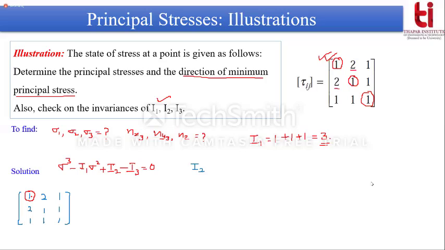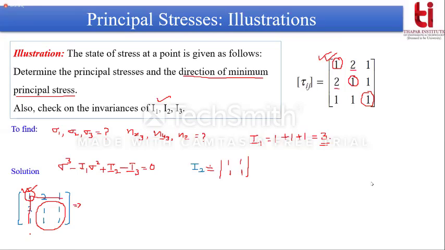When I get the cofactor of this term, I will not consider the first row, I will not consider the first column. That means this gives me simply whatever is left, which is 1 1 1 1. Please pay attention to how we evaluate I2, that is the second stress invariant. And so this is the cofactor of the first term.